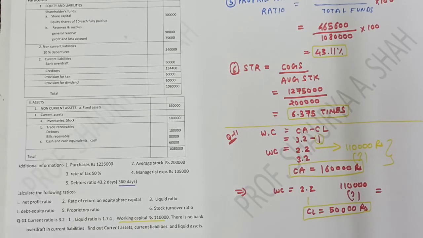Fine. So we have found out two things which are asked in the sum. Now the last thing which they have asked is liquid assets, right? So how are you going to find out liquid assets?